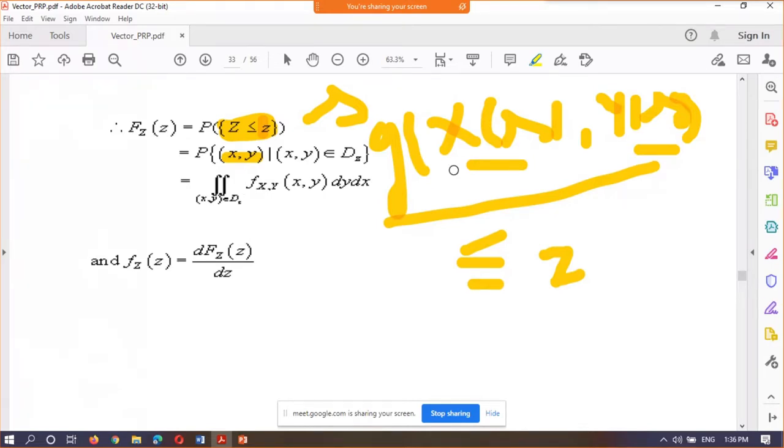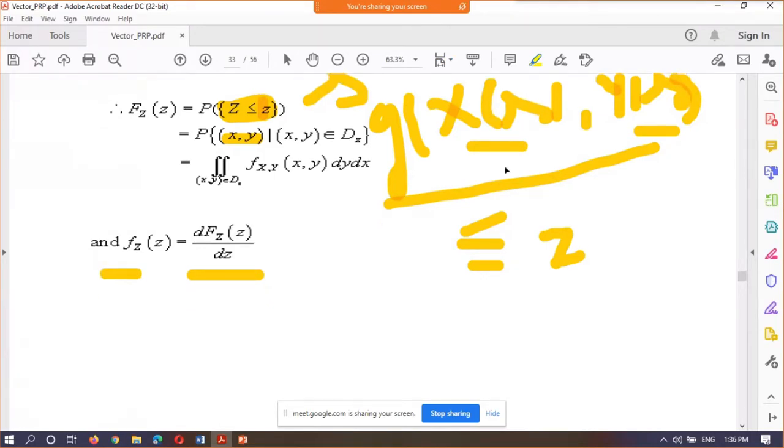Even though, if it's a discrete case, we have to take a double summation. And if you have this distribution function, and you differentiate it with respect to z, then you will get its density function also.